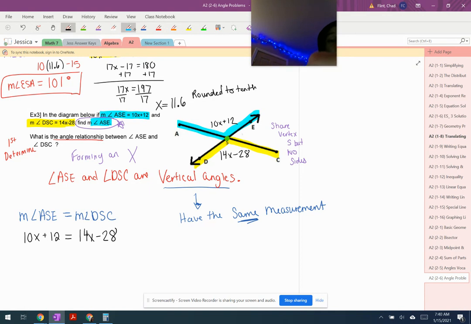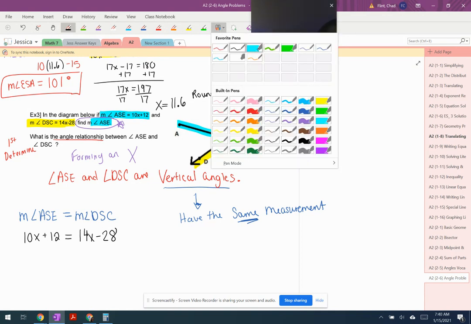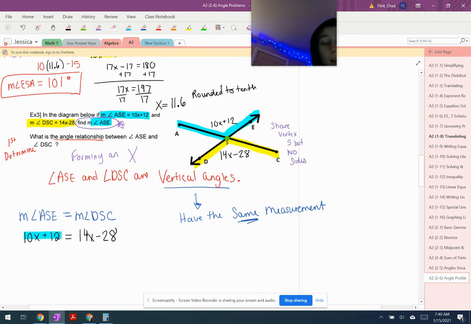You just have to be careful that you're using the proper equation. Is it vertical, or should you be adding them and setting them to 180 or 90?